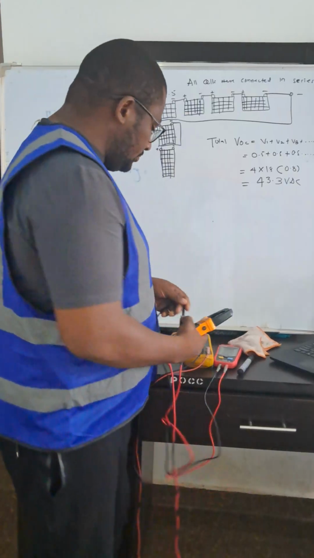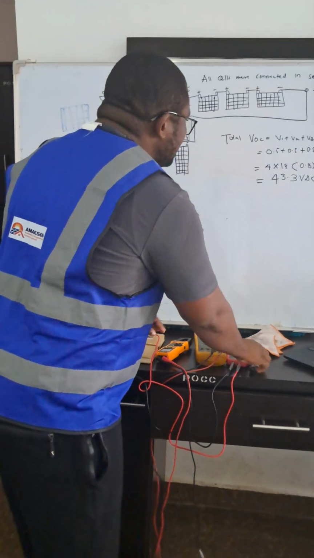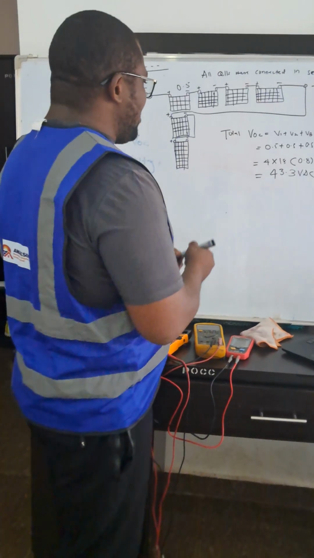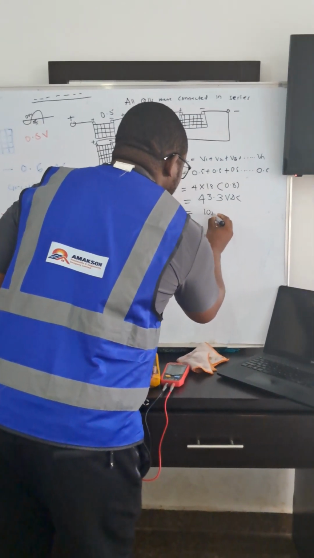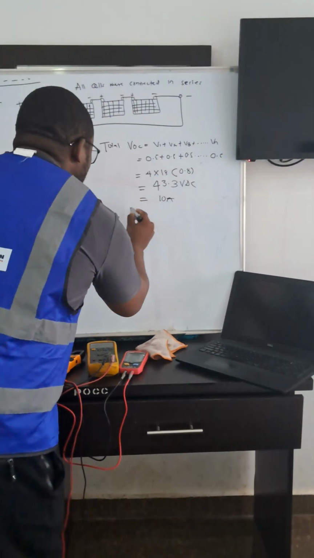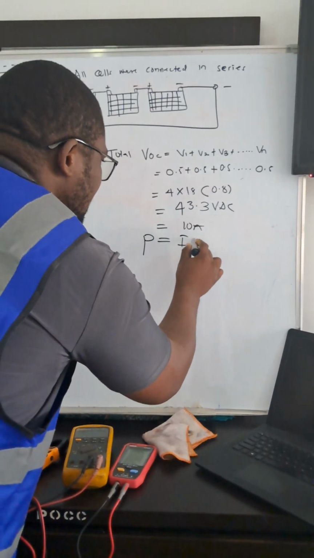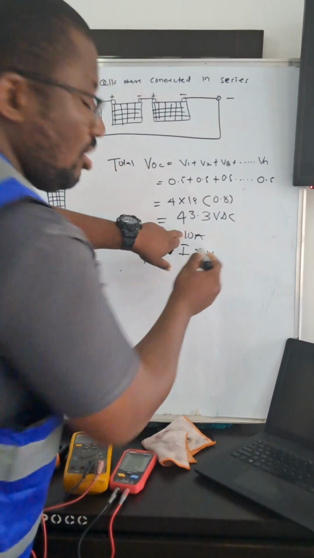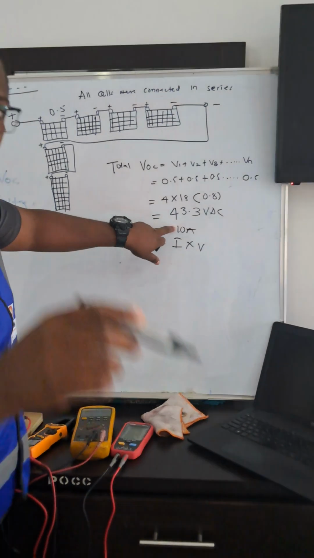What I mean by angle, there is what we call angle of inclination, and there is an orientation where you are supposed to face your solar panel so that you'll be getting the maximum power from the sun. Okay, so now by obtaining the current, for example, let's say 10 amps, just take it for example. To get the power, power is the product of current and voltage. And this is the current obtained from the meter, even though it's a short circuit current.